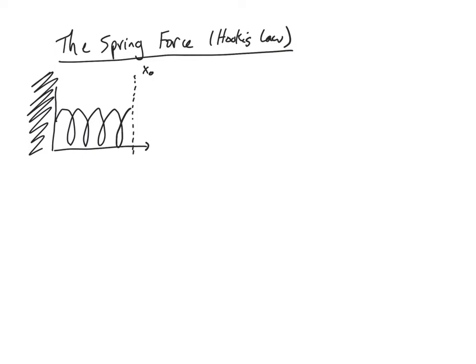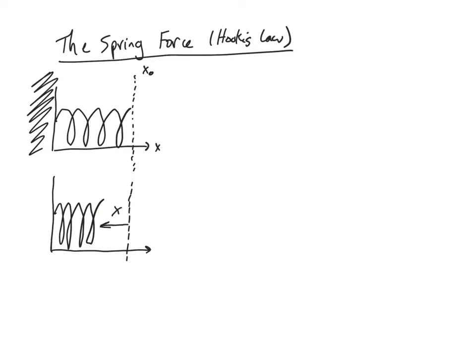So this is the x-axis, and x naught is the uncompressed position of the end of the spring. And then I'm going to redraw this picture and compress the spring towards the origin of the x-axis. So you can see what I've tried to indicate there is that I have compressed the spring a distance x from the original uncompressed position of the spring.